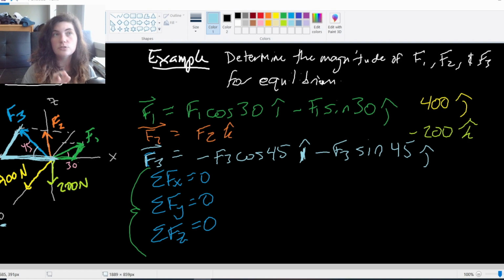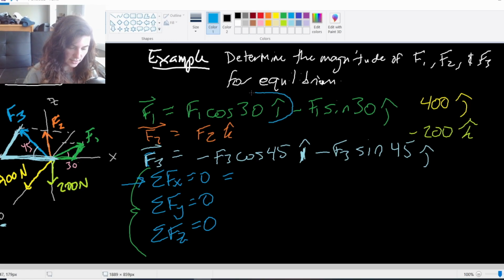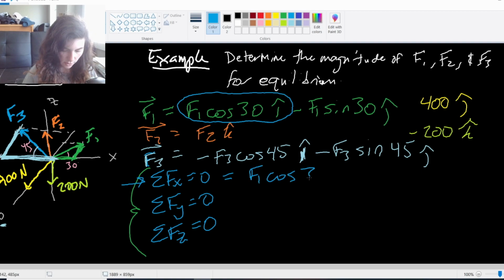So that's it. All of our forces are now broken up into their xyz or ijk components. So it's a lot easier to see where we're plugging those into our equilibrium equations. I can come down here to my summation of forces in the x direction equals 0, and I can pull out my i hats from every single equation that I set up. So I can pull out this one, equals F1 cosine 30.